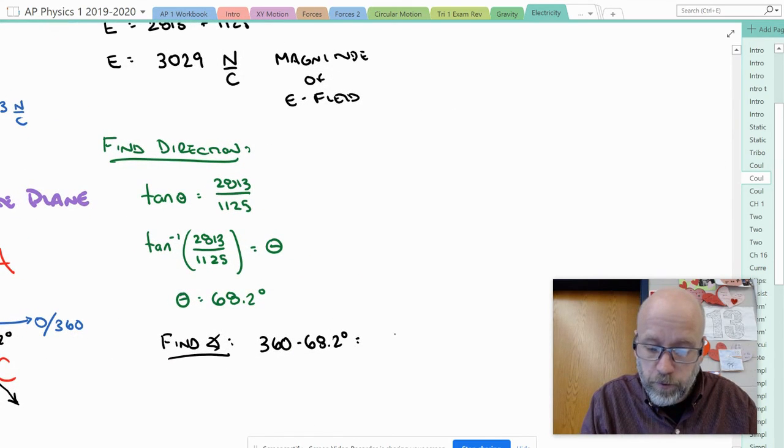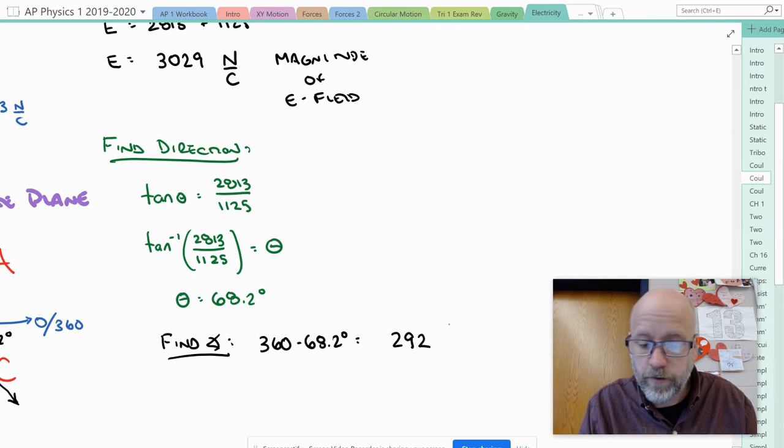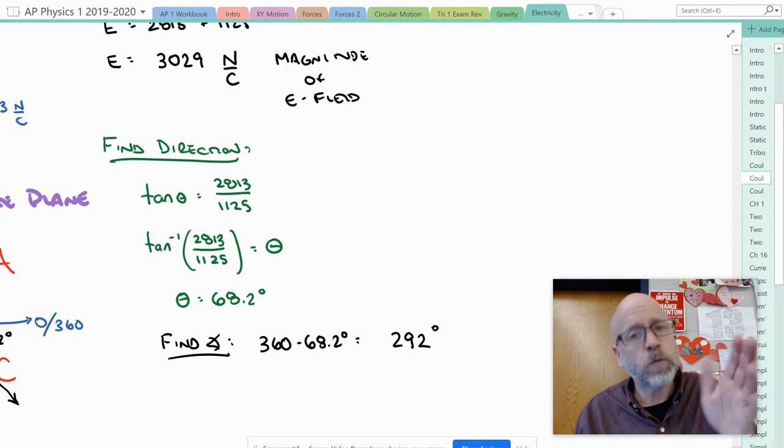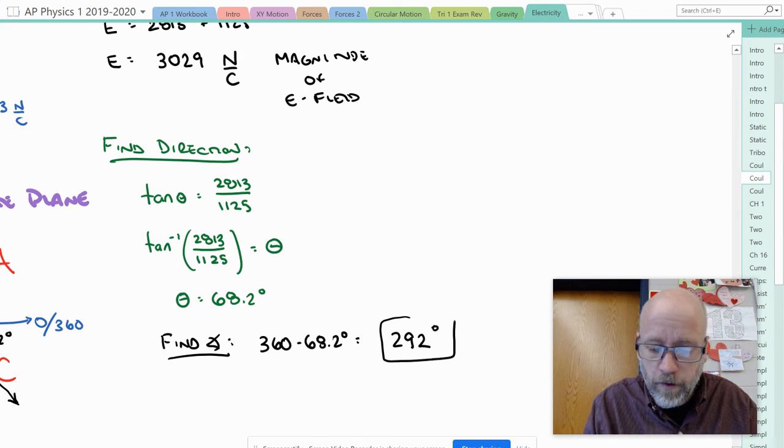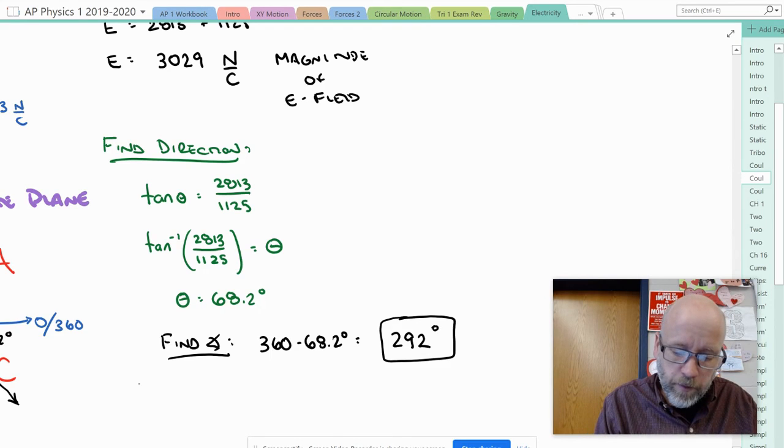That's going to be equal to 292-ish degrees, depending on your rounding.